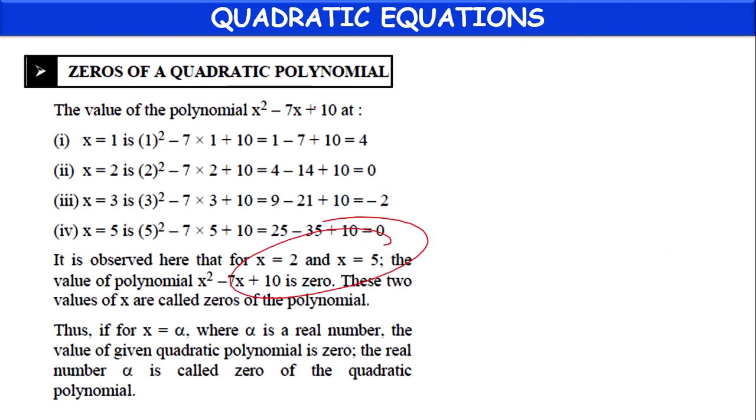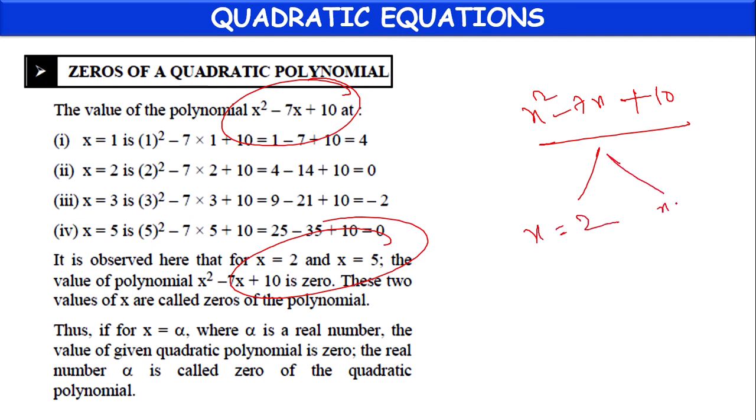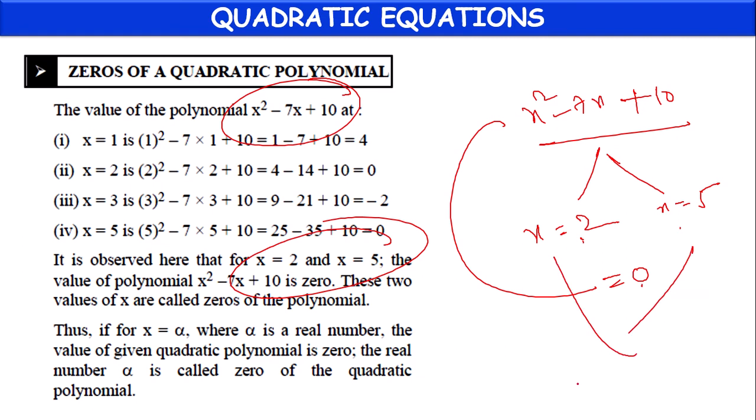So for this given expression, x square minus 7x plus 10, we have observed that at x equal to 2 and at x equal to 5, the value of this quadratic polynomial is becoming 0. So this x equal to 2 and x equal to 5 are called zeros of the given polynomial.